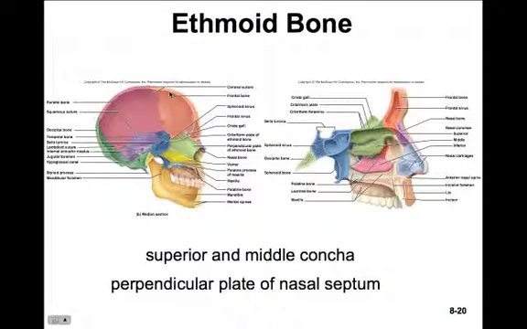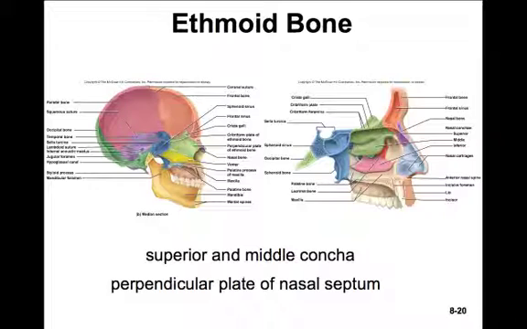You can see the arrangement of the ethmoid bone inside the skull and how it relates to the nose right here. We can see the ethmoid bone, perpendicular plate of the ethmoid bone. The rest of the division will be again formed by the vomer, which is one of the facial bones.